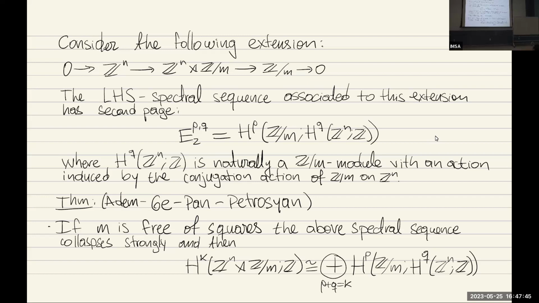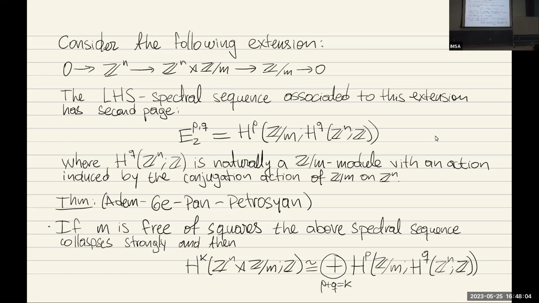In the case of these groups and this extension, we have the following result of Adem, Gómez-Pan and Petrosyan. If m is square-free, the above spectral sequence collapses strongly, and then we have this isomorphism.